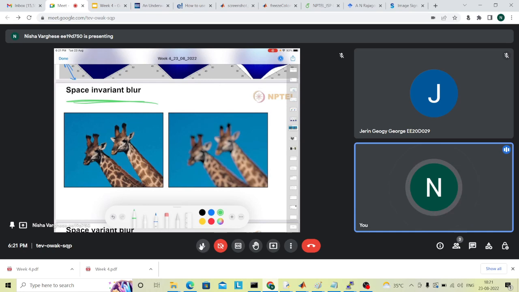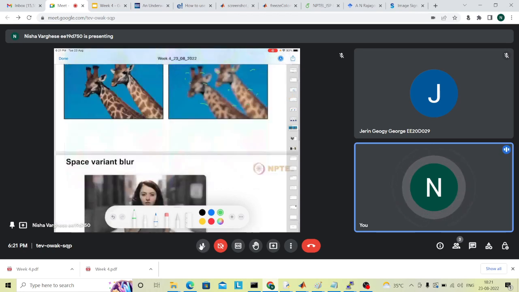So the error in the focus of lens. So that type of blur is known as space invariant blur. As you can see here, every position in the image is equally blurred. So this type of blur is known as space invariant blur. Blur is independent of the space.